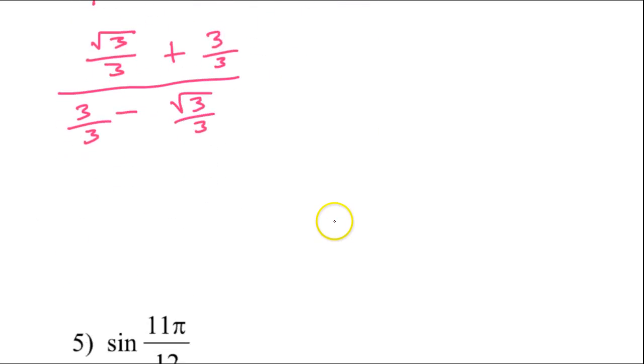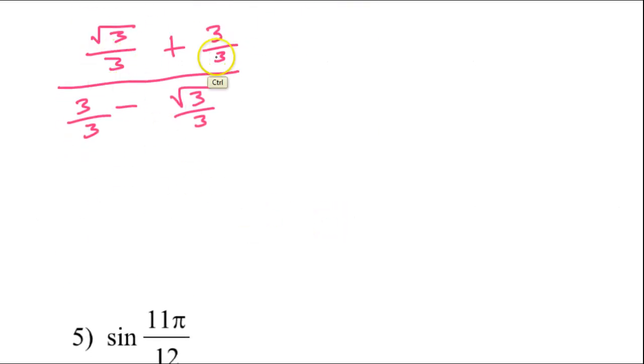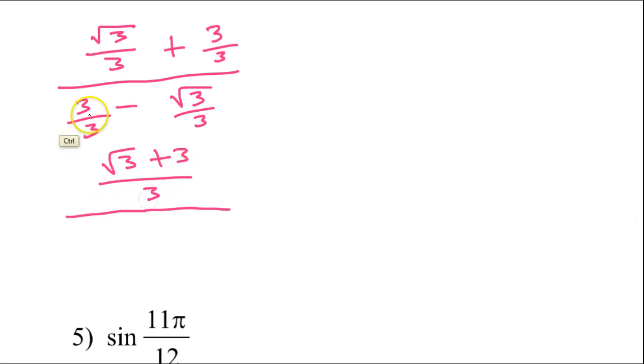So that will enable me to put these together. So all right, here's my big old fraction bar. Looking at the numerator, I have radical 3 plus 3 over 3. Looking at the denominator, I have 3 minus radical 3 over 3.